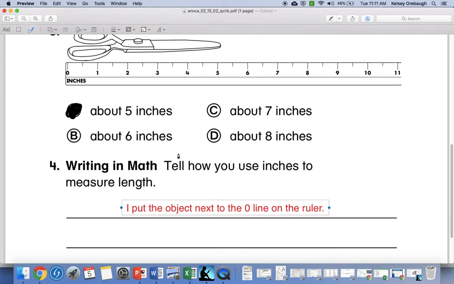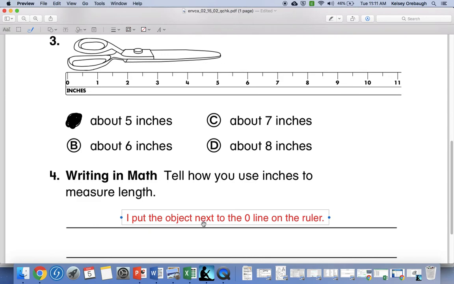All right, what is our next step? What do we need to look at after we have put the object next to the 0 line? Well, we need to look at the end of the object and the inches that it falls near on the ruler.